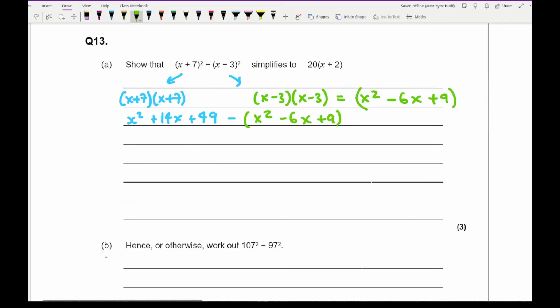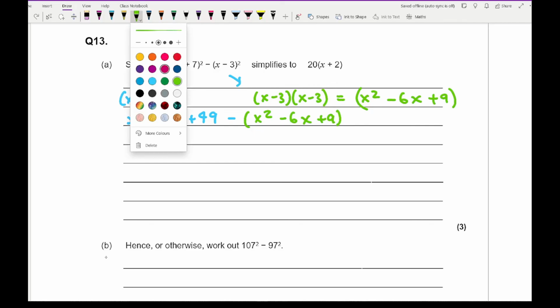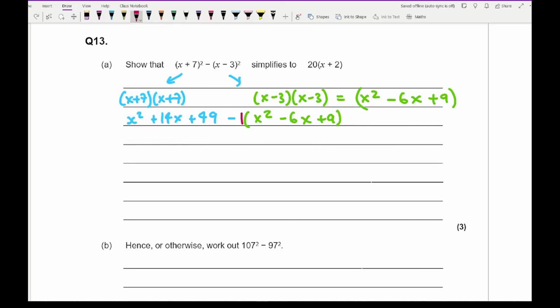Now again, what you want to recognise here is that we do have a negative, so we could imagine there's a 1 there. So here what we've then got is x squared plus 14x plus 49. Minus 1 times x squared is minus x squared. Then we've got minus 1 times minus 6 is positive 6x, and minus 1 times positive 9 is minus 9.